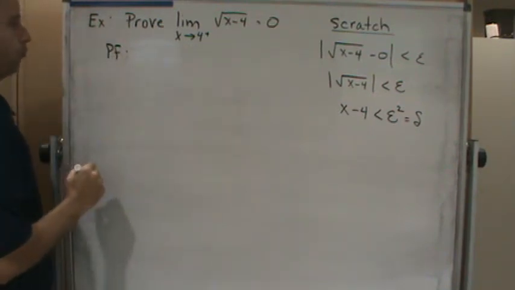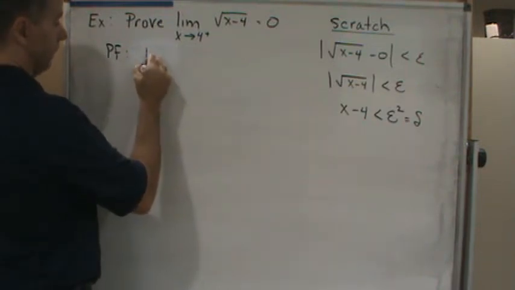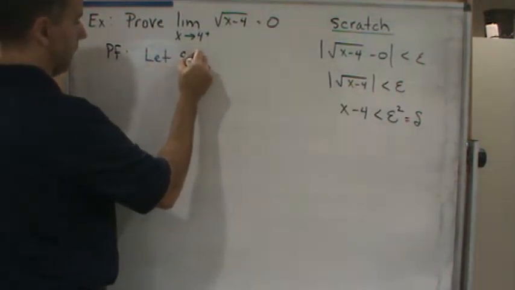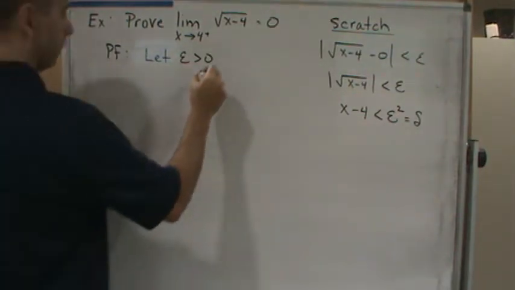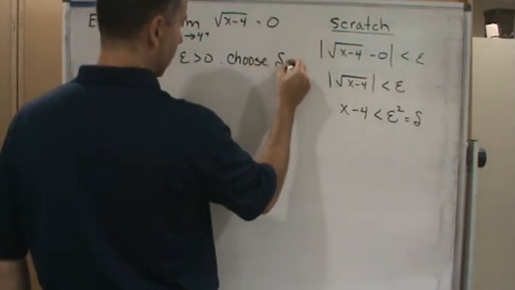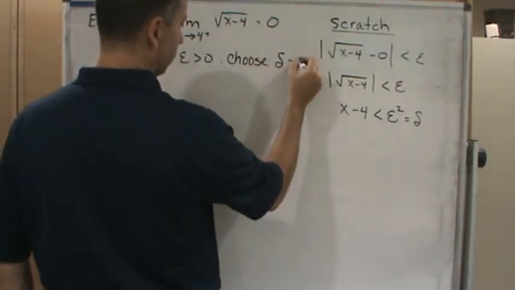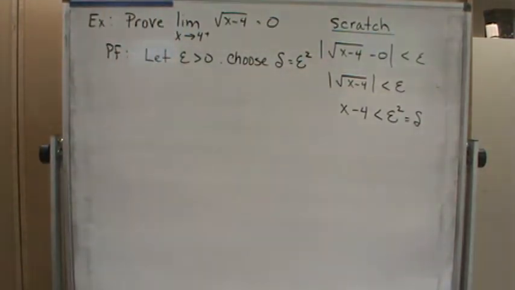So now we say what? Let epsilon be greater than 0. Choose delta equal to epsilon squared, right?